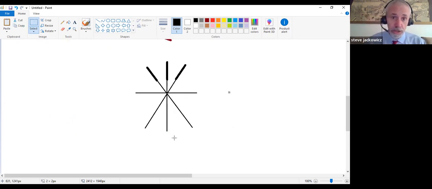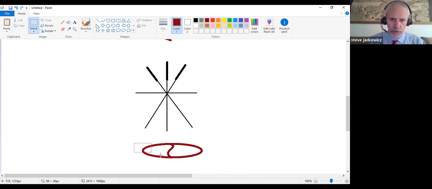We have to go through the center of the diagram that we're drawing, the center of the circle that we're drawing here. And we trace through the center. Tracing through the center, making it look like a yin-yang symbol, right?